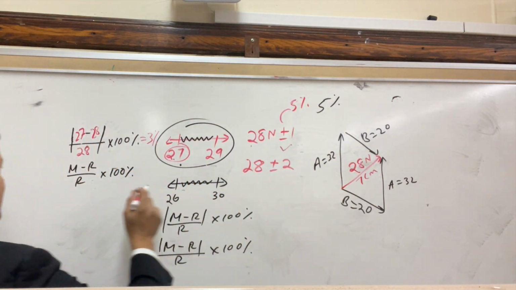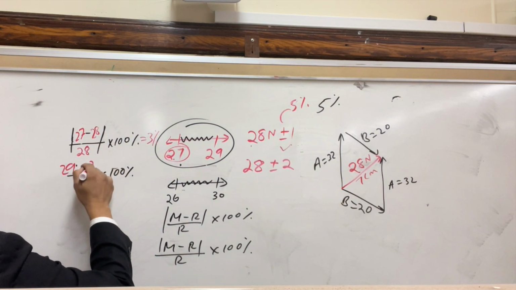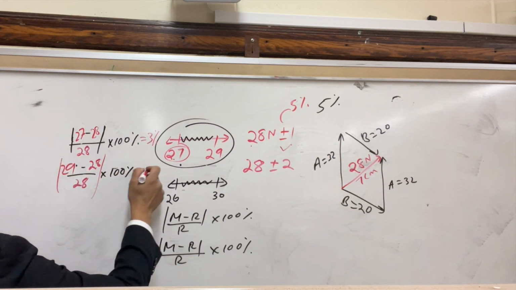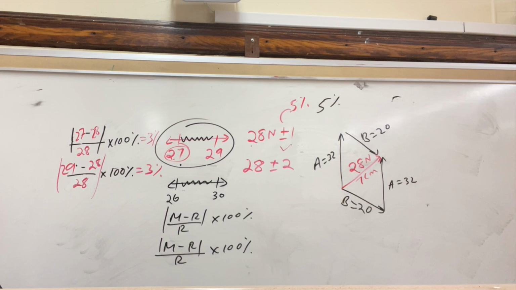Good. And this is 29 minus 28 over 28, and this is also 3%. So 3% is less than 5%. So that's good.